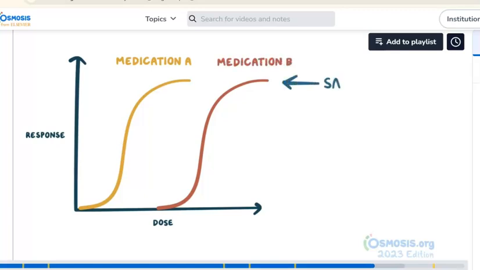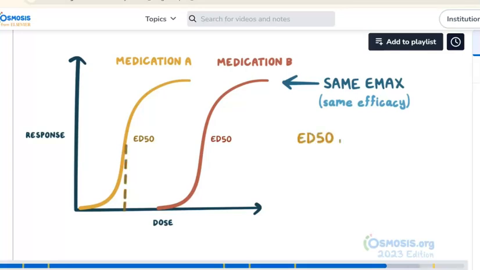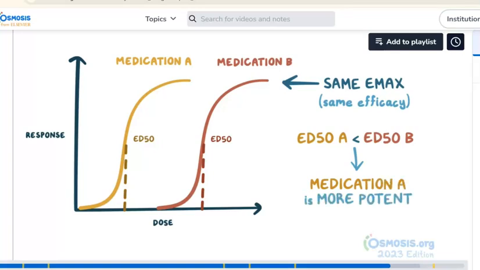Notice that both reach the same maximum effect on the y-axis, so the same efficacy. However, on the x-axis, the dose ED50 required to produce 50% of that effect is much lower for medication A than medication B, meaning medication A is a lot more potent than B. In other words, the closer the curve is to the left, the higher the potency is.